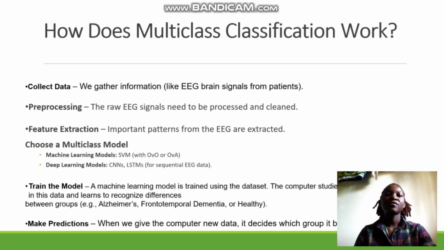So first of all, we want to understand how does multi-class classification work. First of all, we all know that when you're training a machine learning model, the first thing you do is to collect data. You need to have a data set. So let's say you are classifying brain data.